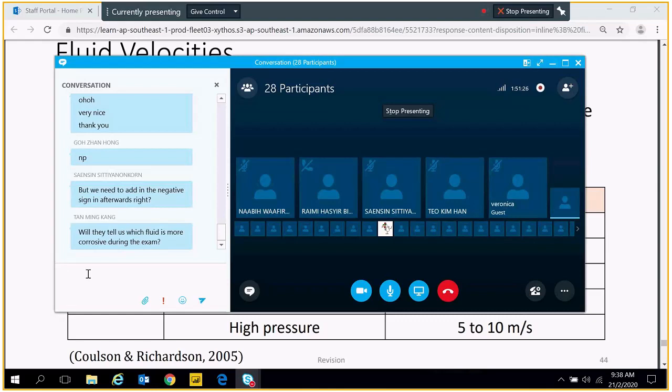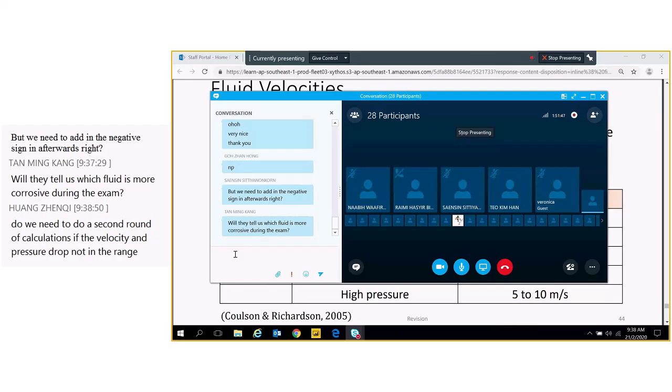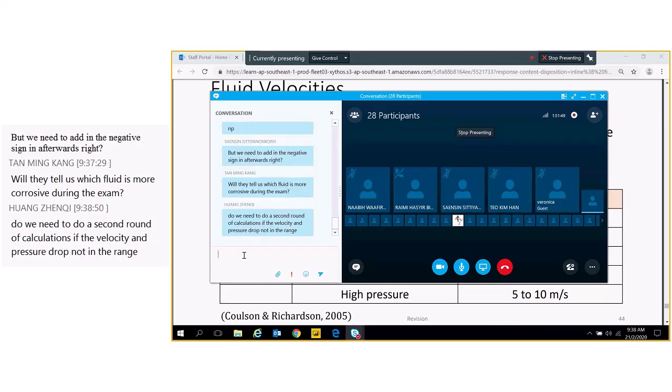Another way the question can appear is that the name of the chemical is stated. Therefore, by looking at the name of the chemical, and based on your general knowledge of the properties of the chemicals, you will know which is corrosive and which is not likely to be corrosive. So, two ways that information can be presented.